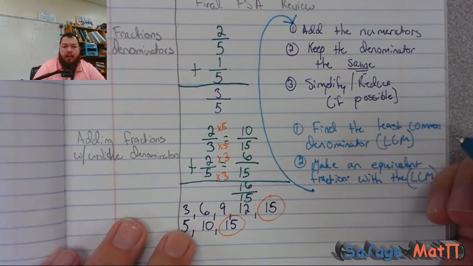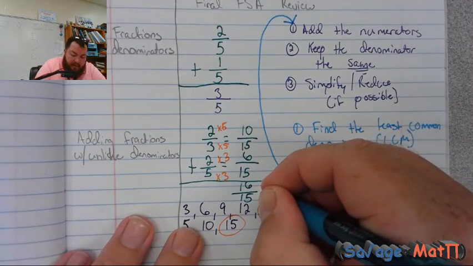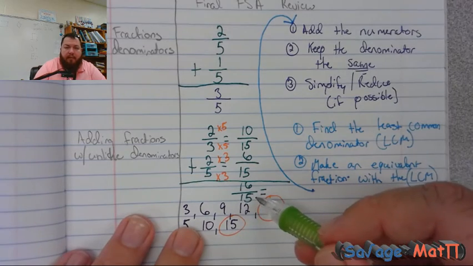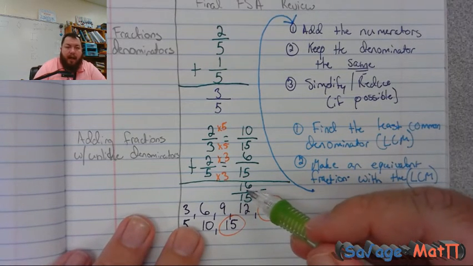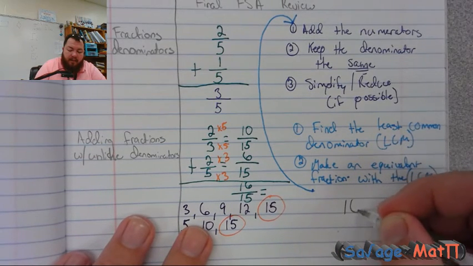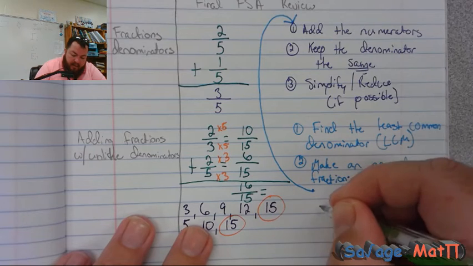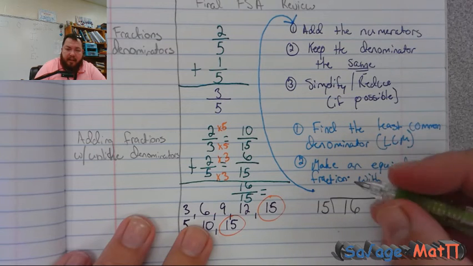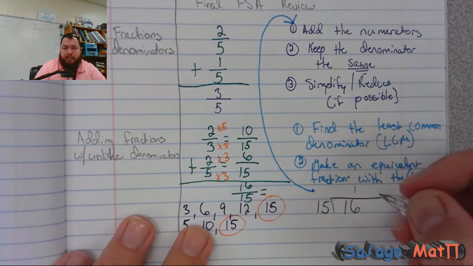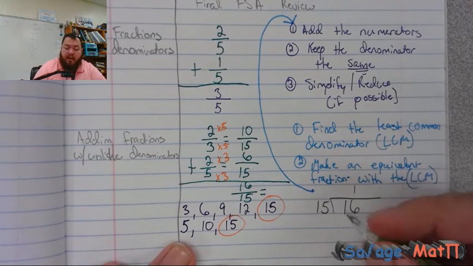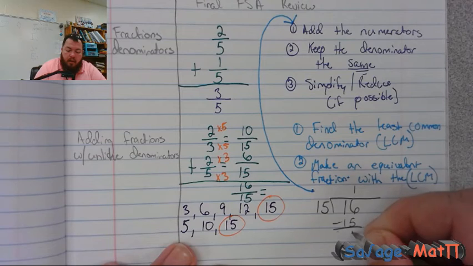Then the last thing we have to do is simplify if possible. One way to simplify this is, remember fractions are all about division, so I could do 16 divided by 15. 15 goes into 16 one time. What's left? 1.